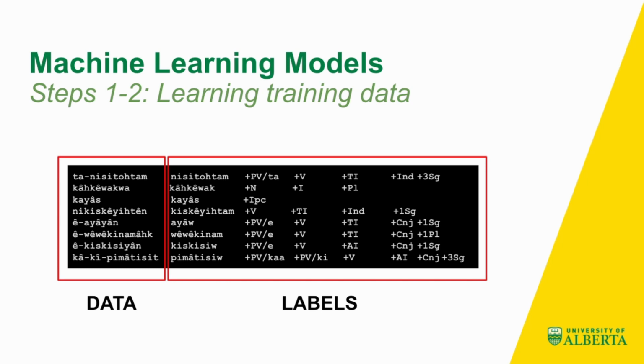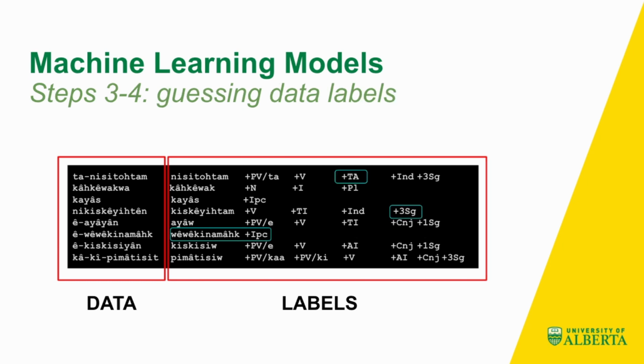The machine system will then learn and associate the forms on the left with the analyses on the right. Then we would tell it, okay, we want you to guess. So we're going to give it, in this case, the exact same words, and we're going to say, given the data, so just the things on the left, we want you to create labels. We want you to create those tags yourself. And then it does that.